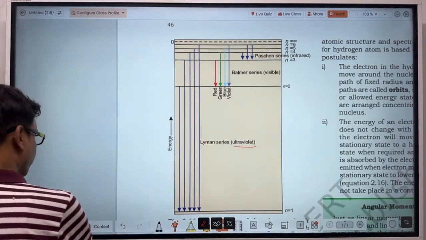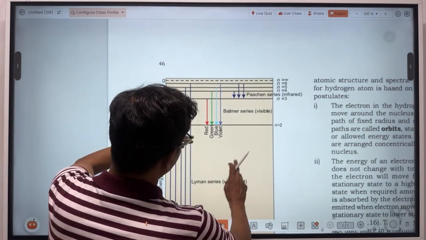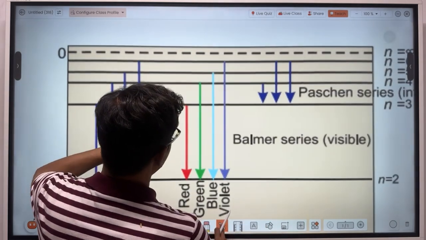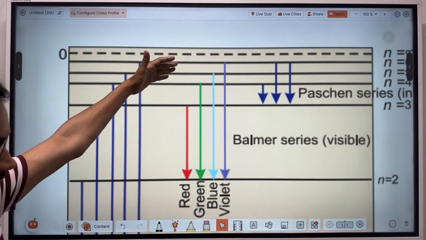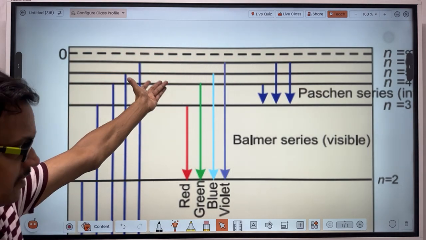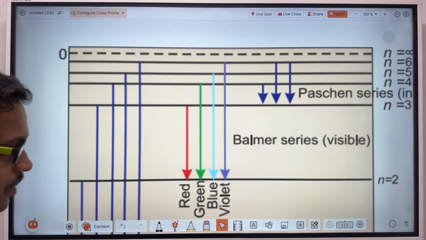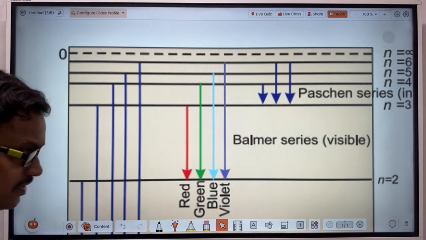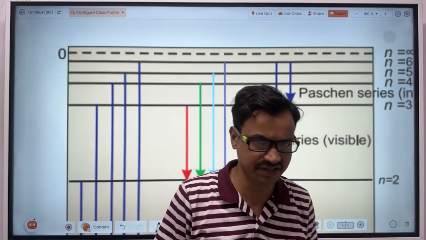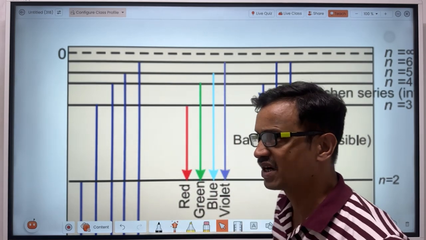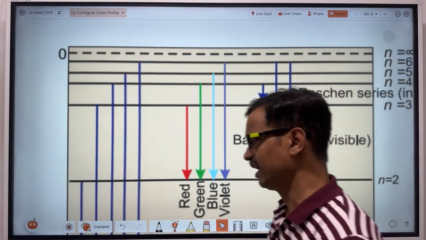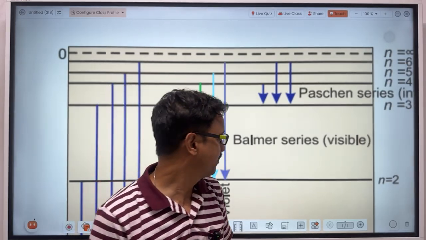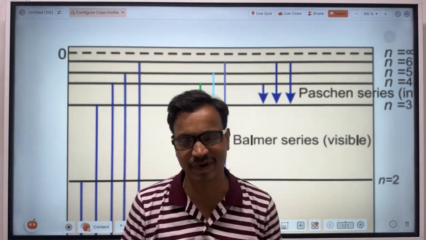Then after this, when an electron falls from any higher energy level to n equal to 2, that series of radiation will be called Balmer series. And what about the Balmer series?